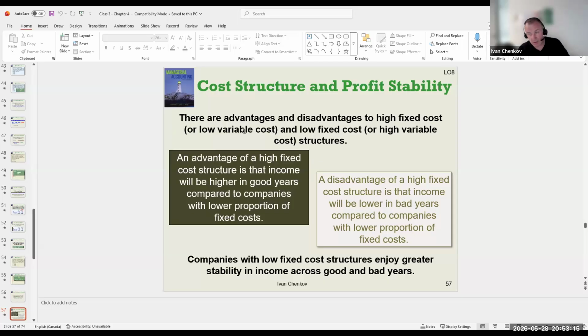Which are the companies which are using high contribution margin per unit? Obviously, all the premium product producers: Louis Vuitton, Chanel, Hermes, what else? Cartier.